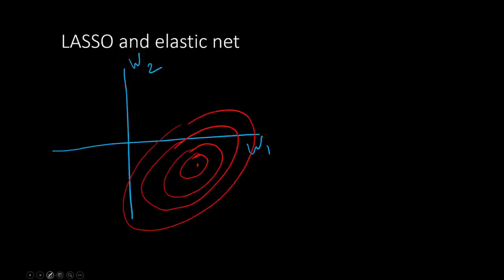And when we put another term in the optimization, which is minimizing some constant times the L1 norm of weights, we will get these 45-degree tilted squares for different values of the penalization, right?